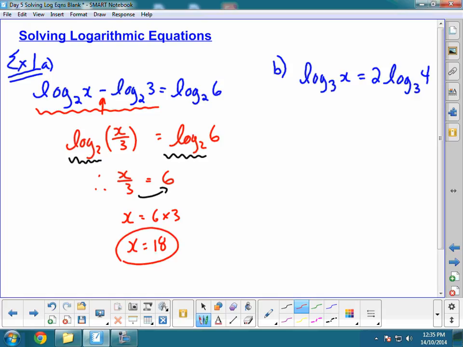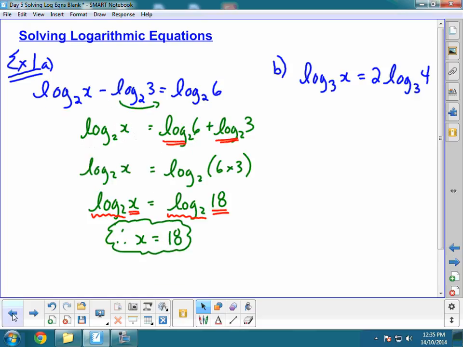So that strategy works as well. I don't mind if you use this strategy and try and convert it to a single log and get common logs on both sides so you can ignore them, or if you want to isolate for the term with x, get common logs and get your answer. Both will work.